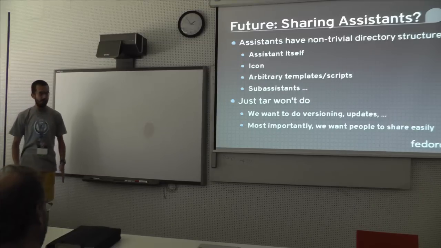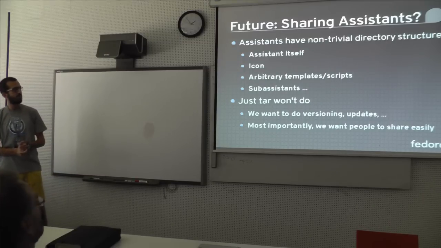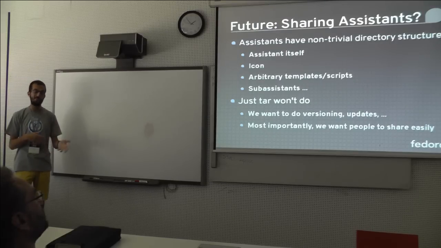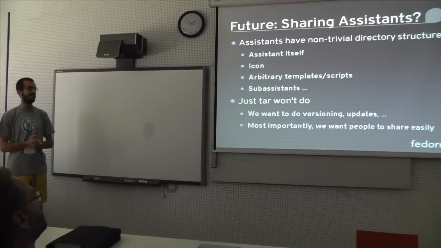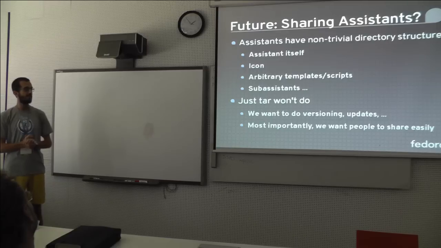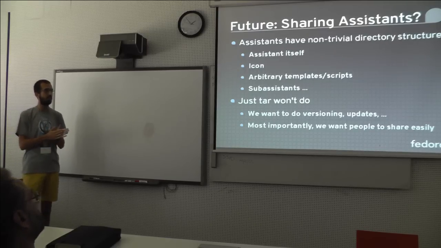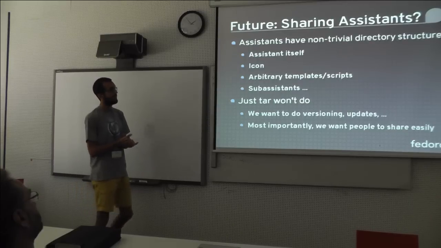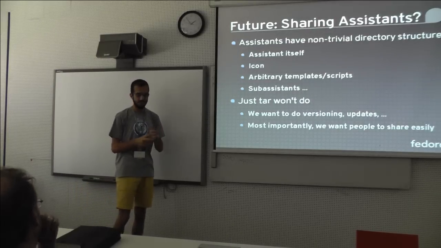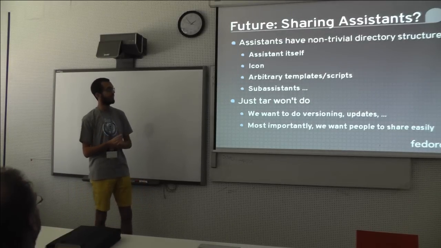Also, we want people to be able to share assistants really easily. So share the plugins, get new plugins when they are released, something like that. There are some facts on these slides about our plugins architecture. The assistants have a non-trivial directory structure.